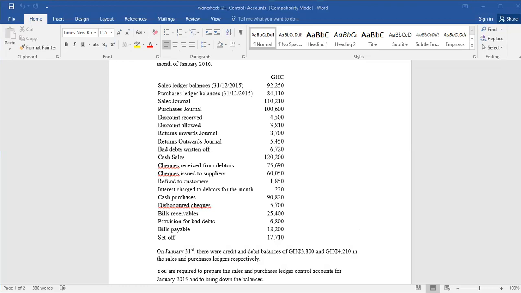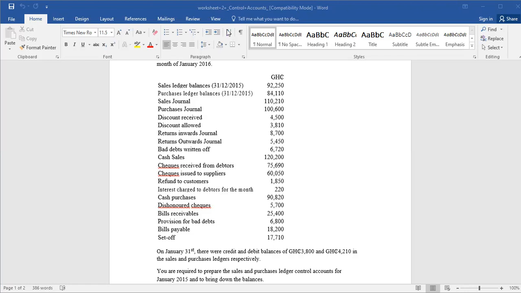In this particular question, they didn't say that the person has both a debit balance and a credit balance. But they give you the sales ledger control account with just one balance, and the purchase ledger control account is only one balance. So when they say sales ledger control account, the balance is on the debtor side, so it will come to the debit side. You record this one on the debit side.